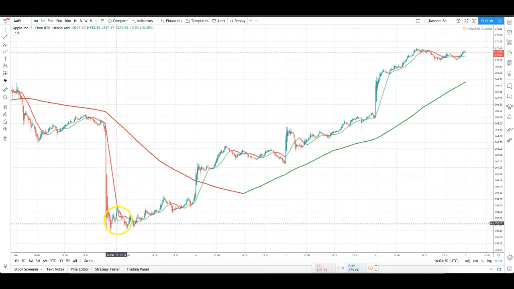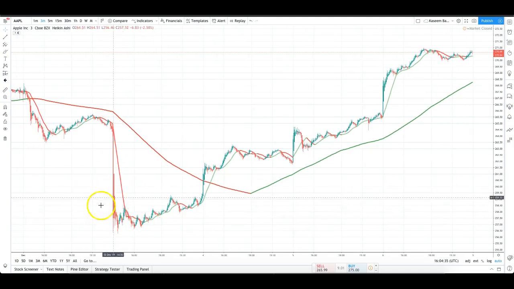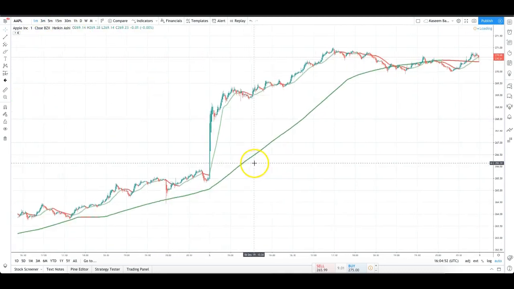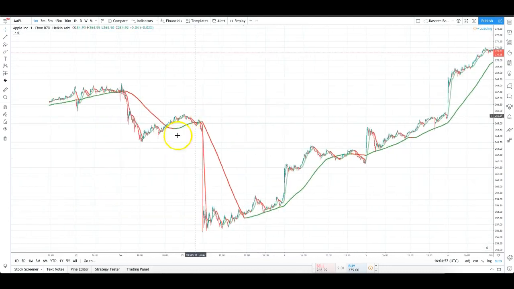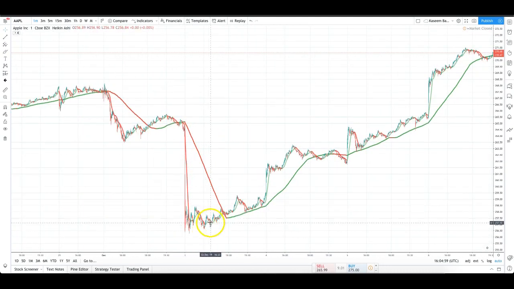This Heikin-Ashi is great when you use it in a slower time frame. That's why I like to use the 3 minute time frame, because it's great to use it in 3 minutes. When you trade a market, there's a lot of noise in the market, like I said earlier, and if you don't slow things down, you could end up losing a lot of money or being whipsawed out of a trade, all of which I've experienced.